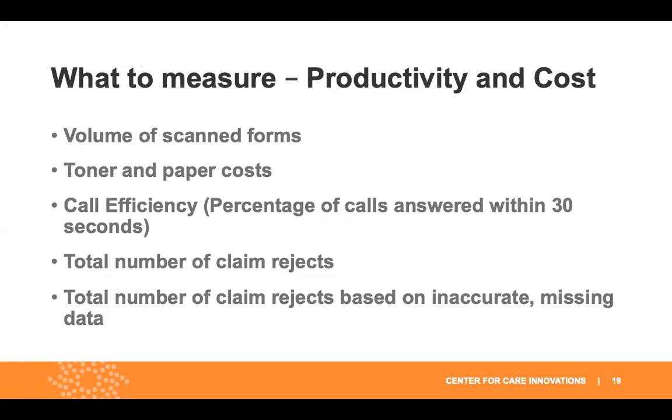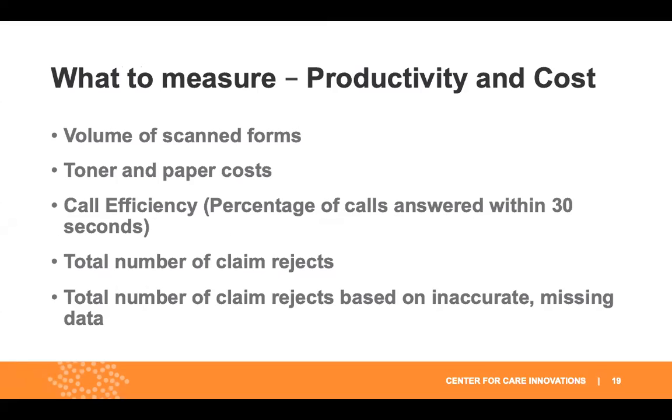And then productivity, and this is kind of the nuts and bolts business model, where we want to know how many scanned forms. Obviously, if you're still dealing with paper, then the paper has to go back to your medical records department. You're paying somebody to index all of that and get all of those consents.